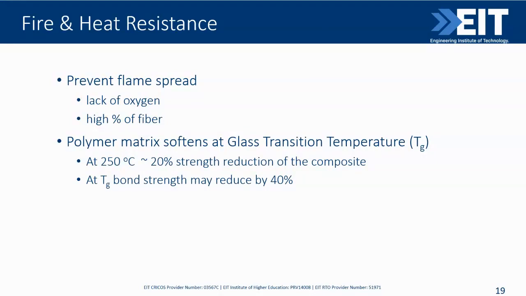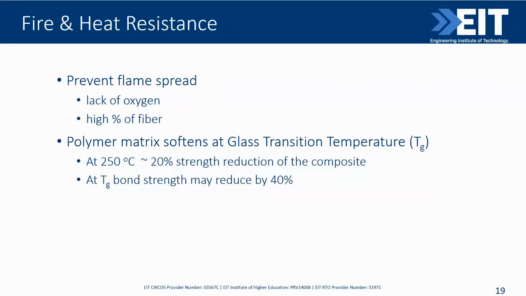On the other hand, most of the resins used for matrix have low carbonization and continue to burn in fire. They will also soften until they reach the polymeric glass transition temperature, which will change the properties considerably.